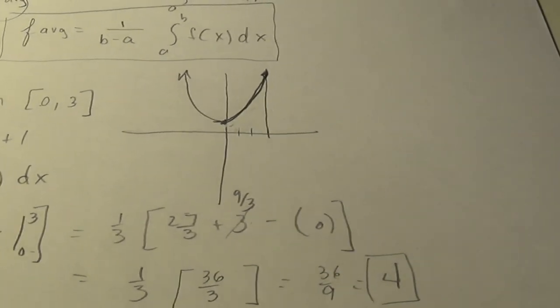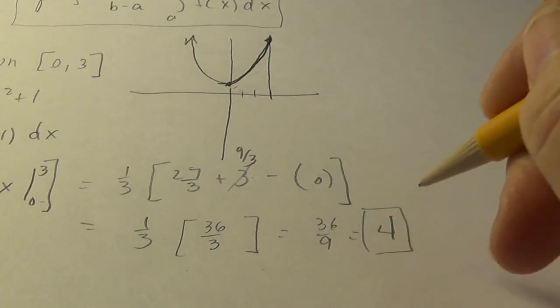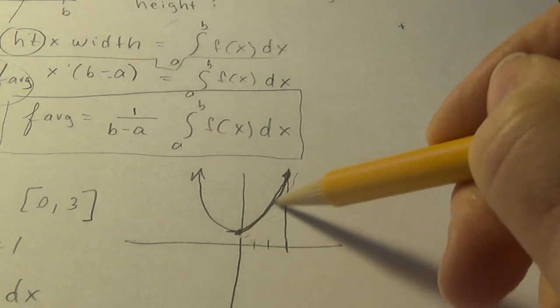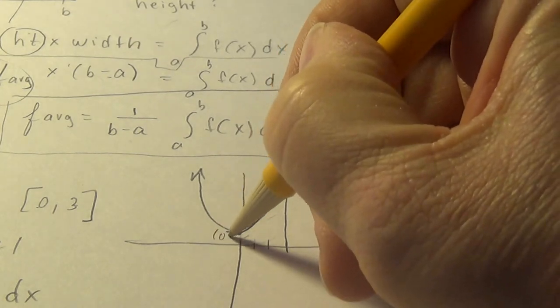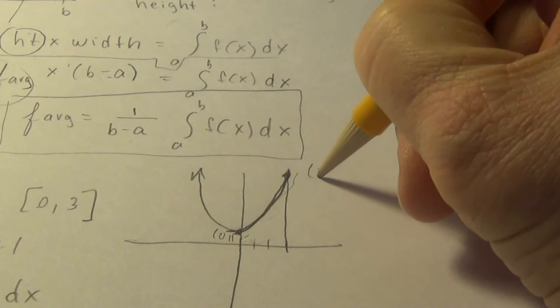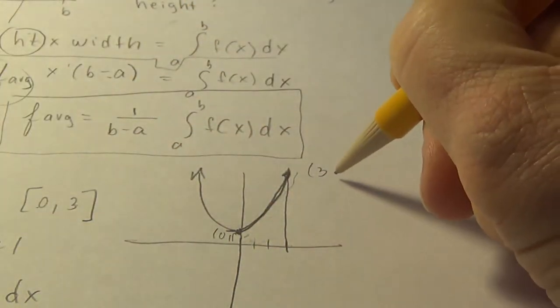Okay, our answers aren't always whole numbers, but this one is. So this is saying the average height of this function between here and here, like this point is 0, 1, and this point is 3, 10.